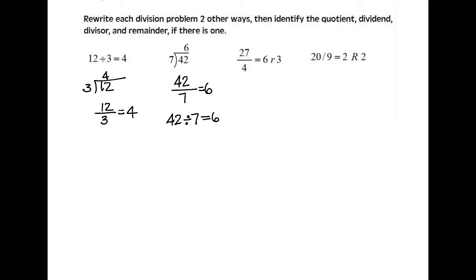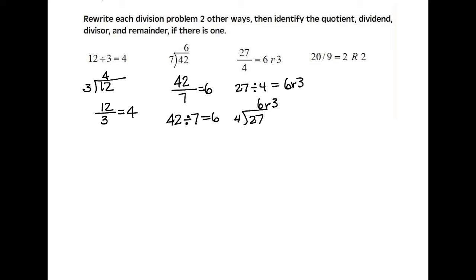Okay, next problem here. Let's do straight across. So 27 divided by 4 is equal to, now this whole thing is your answer, 6, remainder 3. So 27 divided by 4 is equal to 6, remainder 3.